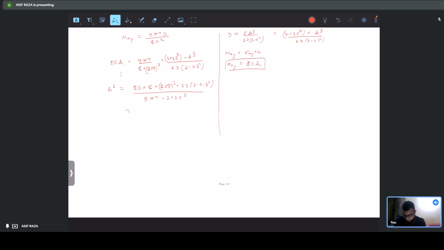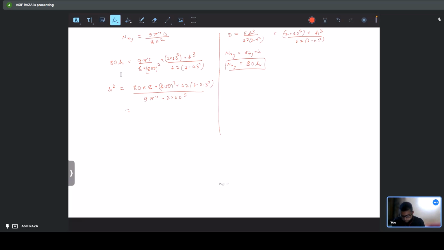Okay, so this is 80 times 8 into 800 square times 12 into (1 minus 0.3 whole square), divided by 9 into pi to the power 4 into 2 into 10 to the power 5.